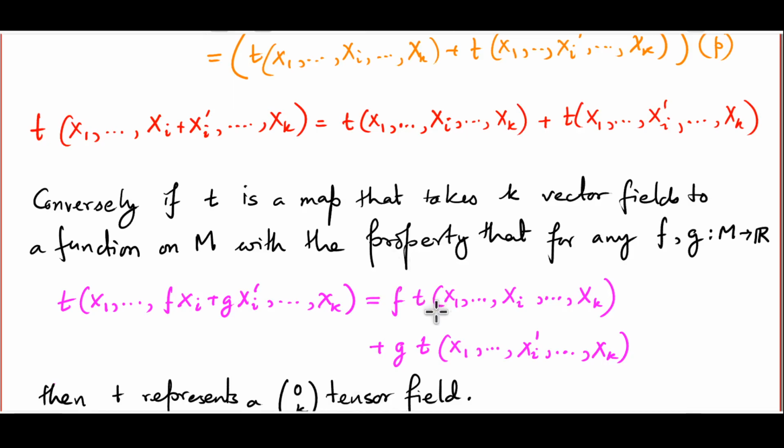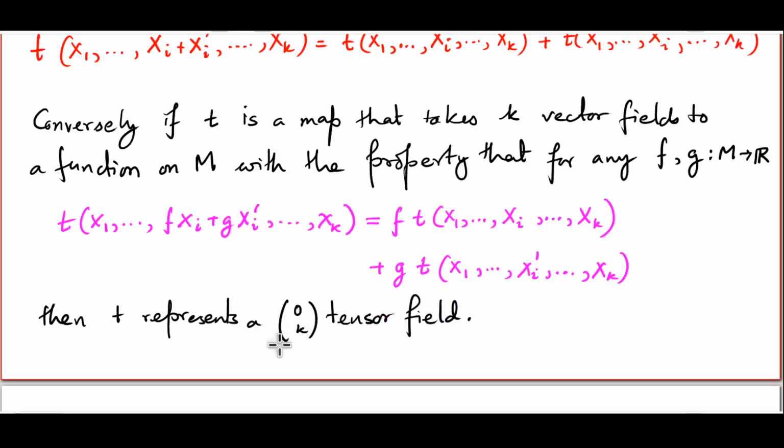The function f times T acting on this bunch of vector fields with xi in the ith position, plus g times T acting on the same bunch of vector fields, except that the ith position is now taken by x prime i. If this happens, then T actually represents a 0k tensor field.